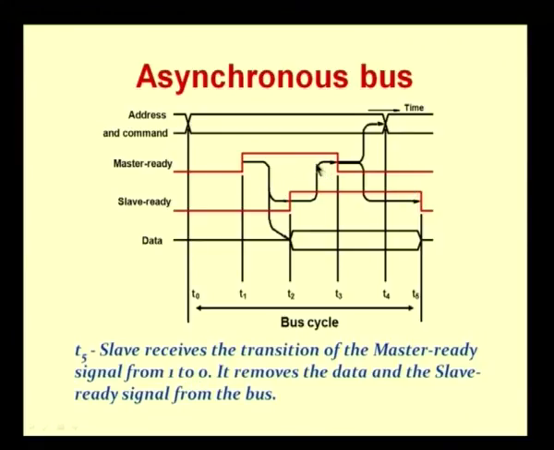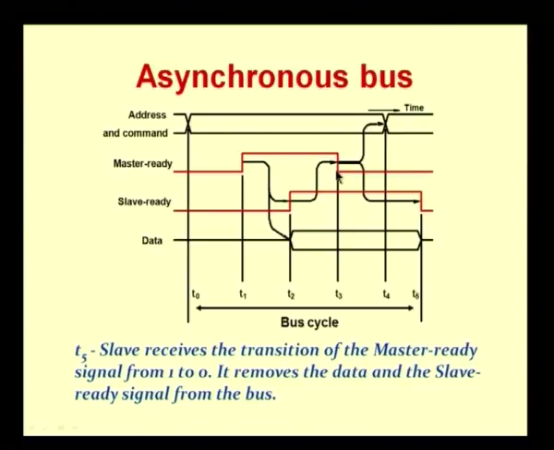Remember this: the master ready signal went from 1 to 0, but that has to be seen by the slave. Once it sees that transition, the slave ready signal also can be removed from the bus, that is, the slave ready signal goes to the 0 state. When I say removed from the bus, I mean that, assuming it is active in the high state and inactive in the low state, it is coming to the low state. You can see that happening here.